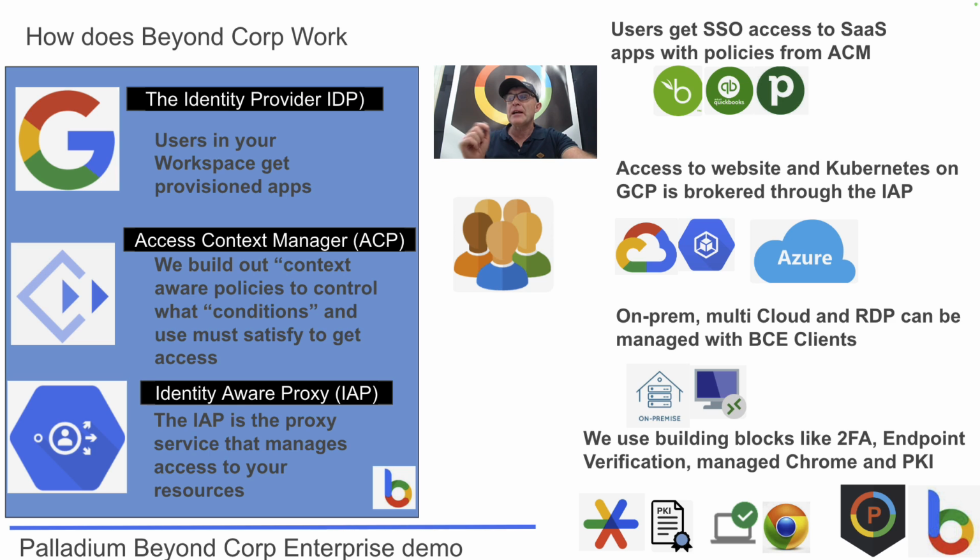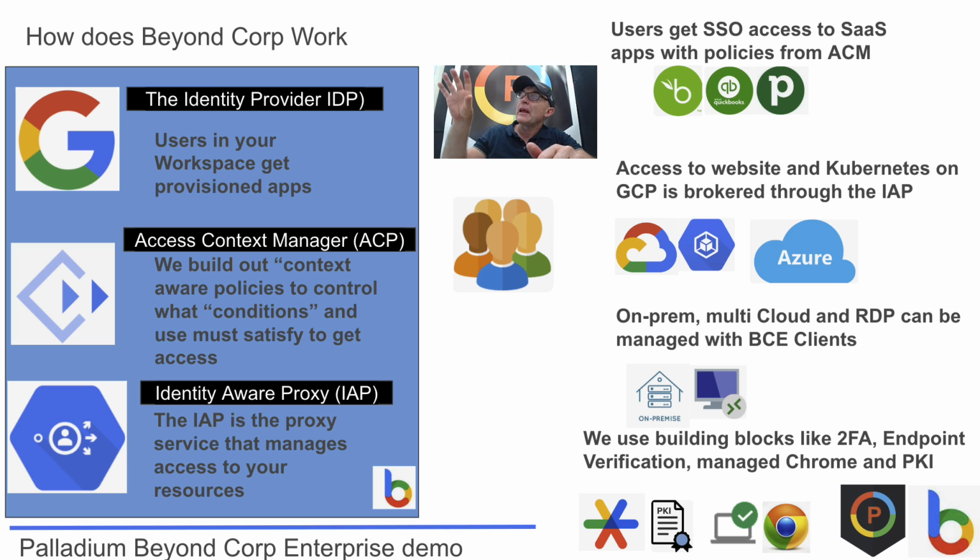And what can we publish, or what can we make available through IAP? All of our single sign-on apps happen naturally inside of Workspace, and we can use Workspace's version of policies.